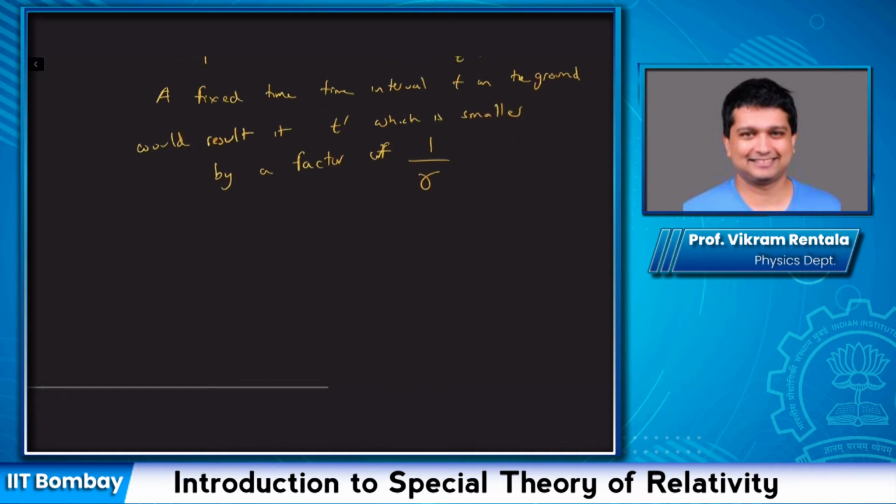Now if you remember what gamma looks like as a function of v, as v gets close to the speed of light, it starts from 1 and shoots up rapidly.